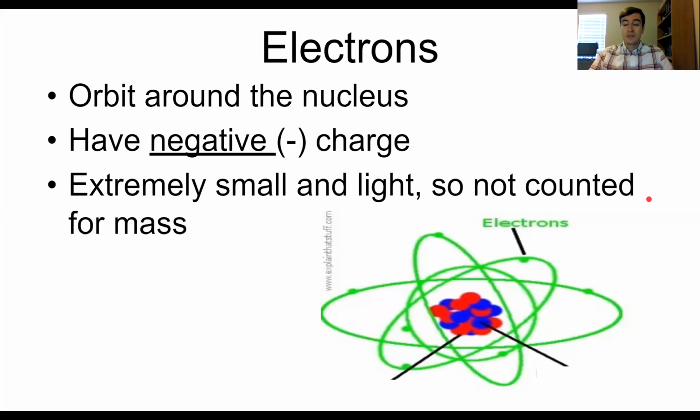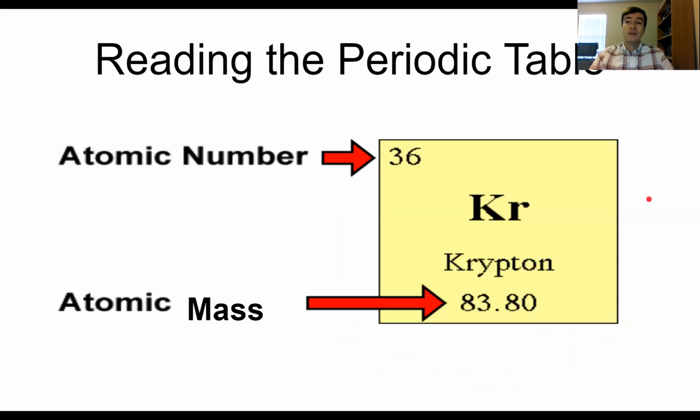Specifically, the tips and tricks for knowing how to read the periodic table. So if you remember the very beginning of these notes, I showed you that huge table with all those little boxes with all the symbols and stuff in it called the periodic table. And each one of those boxes actually has enough information on it on a full-size table so that we can figure out information about the protons, neutrons, and electrons that an atom might have.